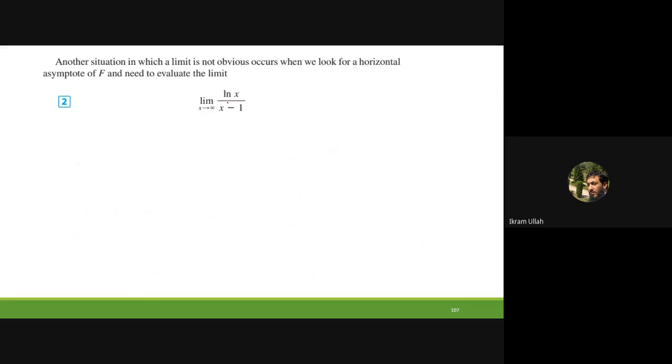If we apply infinity on this function, ln of infinity is infinity, and infinity minus 1 is again infinity, so this is the infinity by infinity form. This form is again known as an indeterminate form.